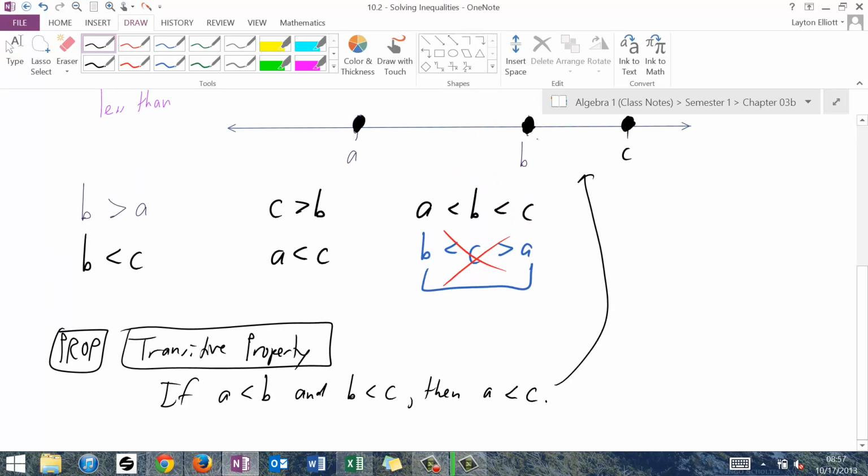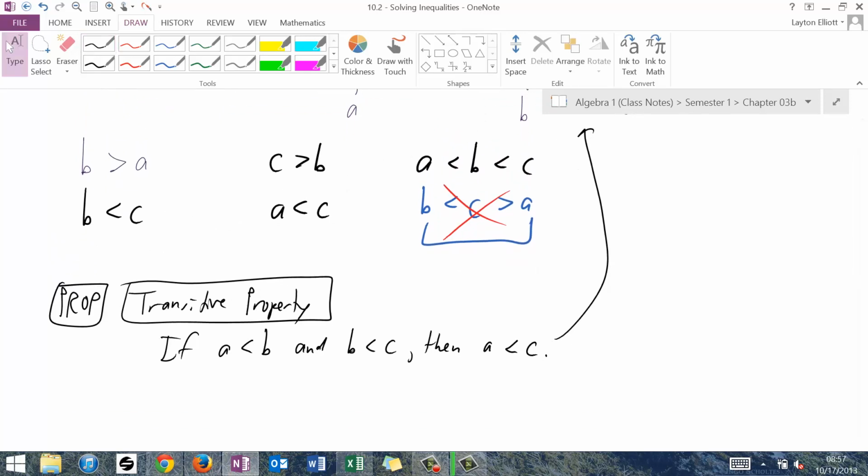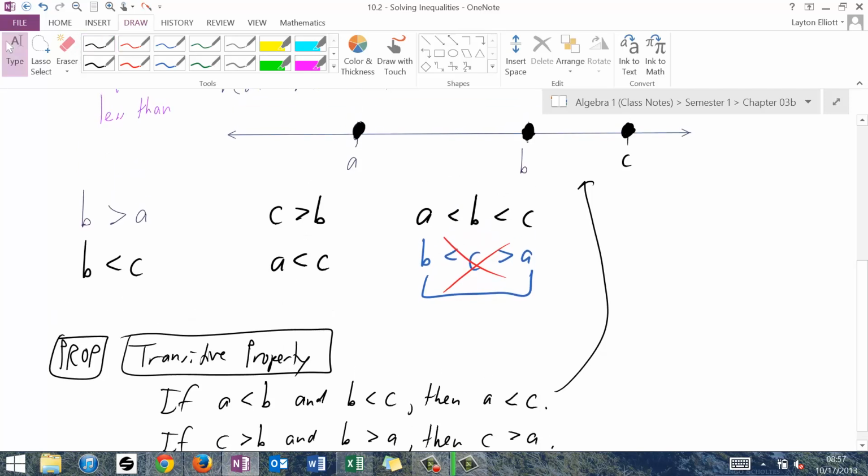A is less than B, B is less than C, so A is less than C.